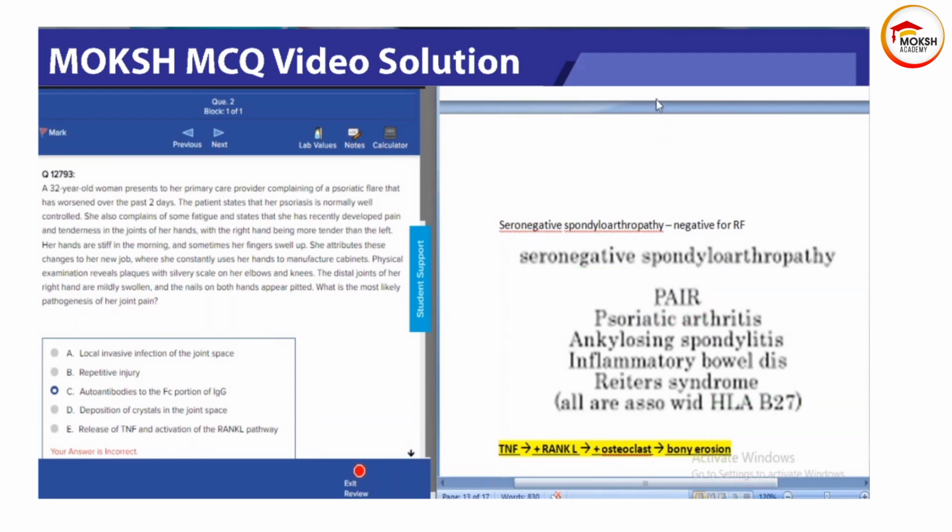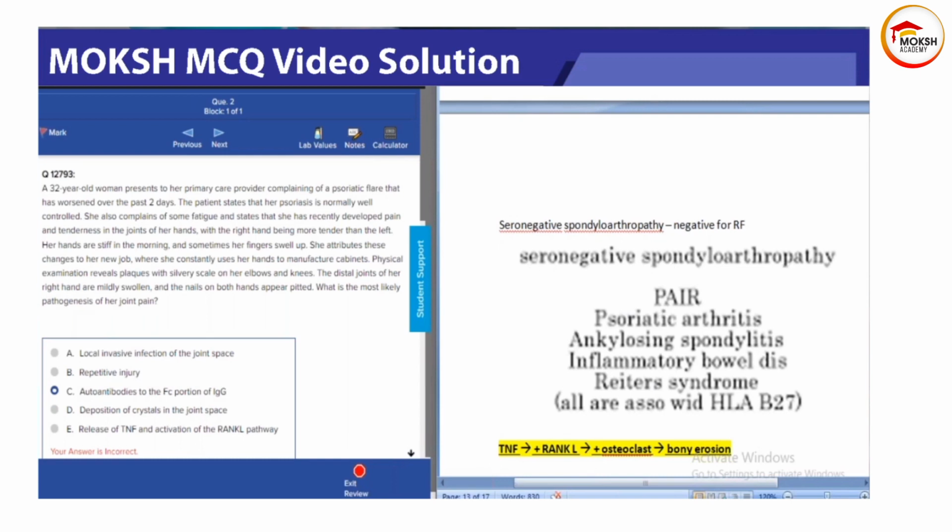To quickly summarize, there is psoriasis, there is arthritis, there is nail pitting. What you are going to diagnose is psoriatic arthritis. Psoriatic arthritis comes under the larger umbrella of seronegative spondyloarthropathy, which includes four types of conditions, for which the mnemonic is PAIR. And this is the pathophysiology of all seronegative spondyloarthropathies.